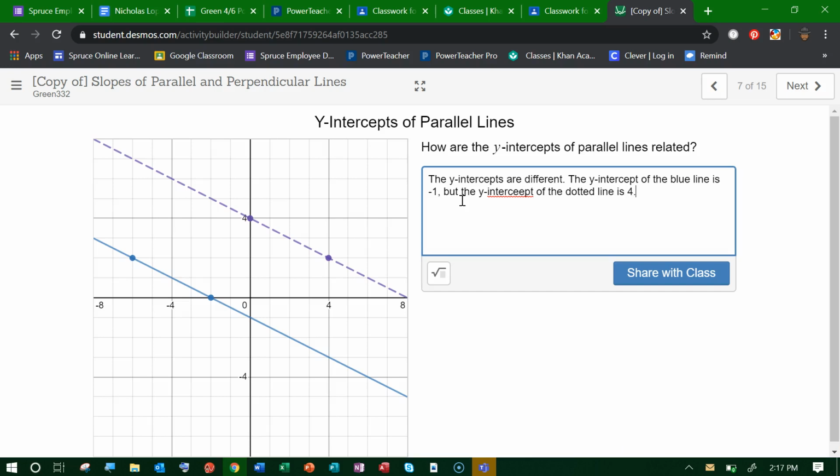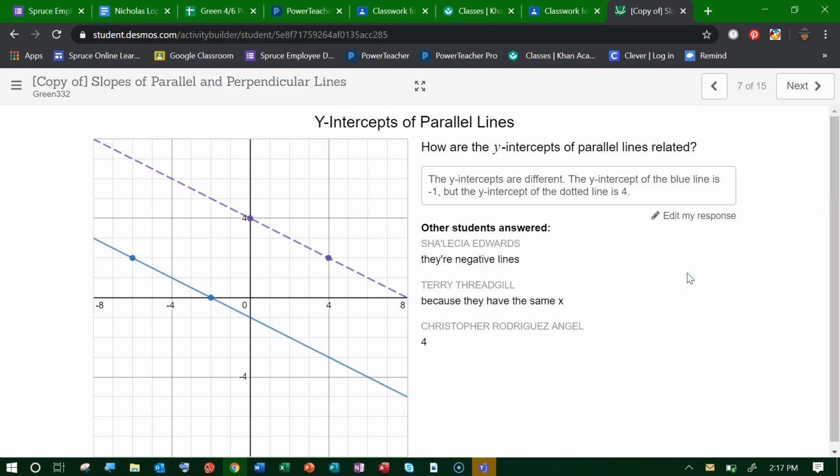All right. I just want to fix it. And so I'll share that with class.